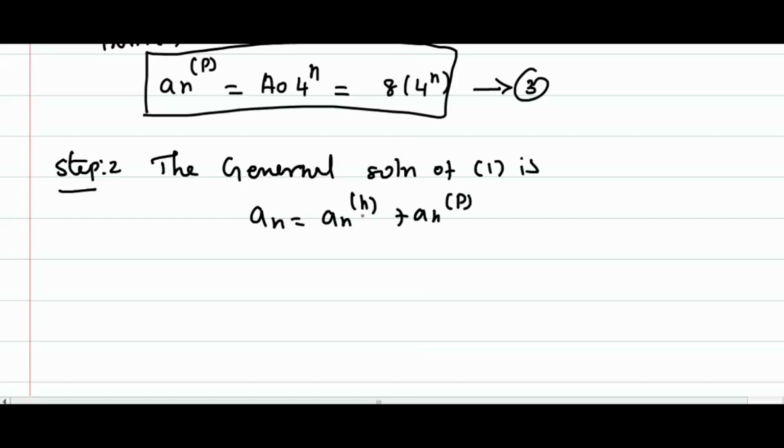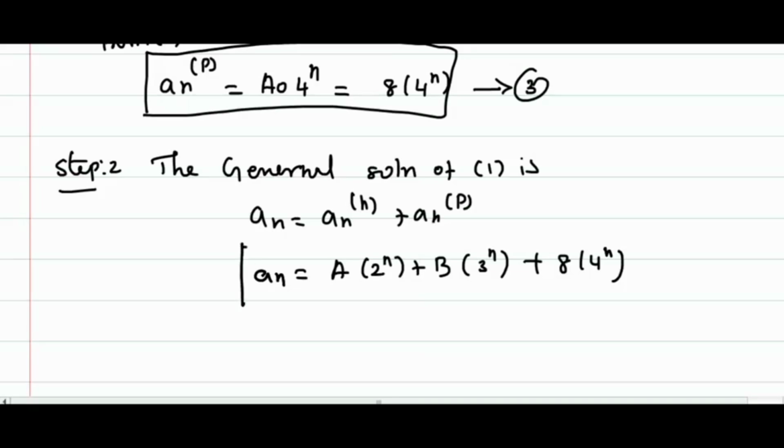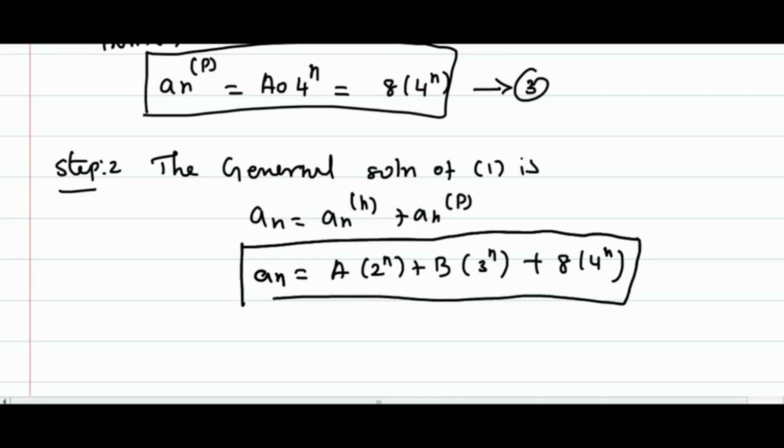This is the homogeneous solution and this is the particular solution. We know the homogeneous solution is A into 2 power n plus B into 3 power n, and the particular solution is 8 into 4 power n. Therefore a n is the general solution of the given recurrence relation.